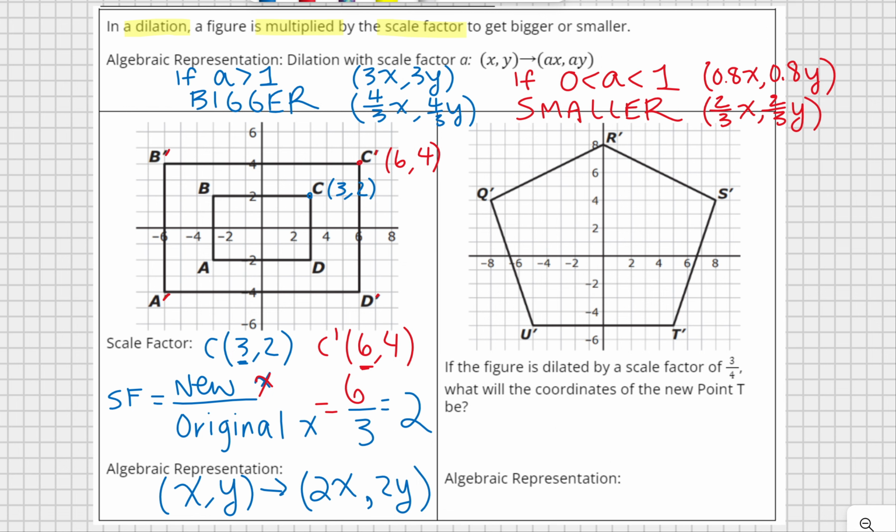So in this example, I think I mislabeled it, but T prime is actually the original T. So here's our original. So original T is an x of 5 and a y of -5.